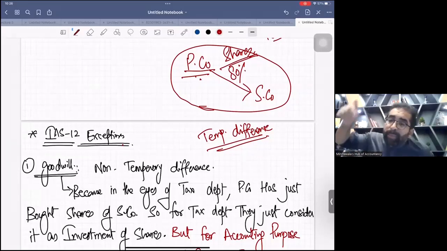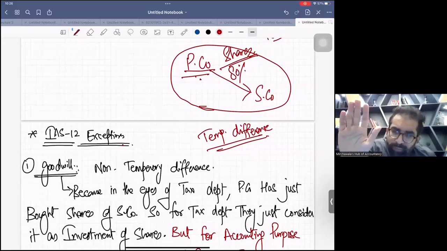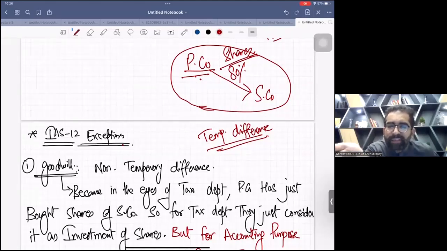So now listen, in the accounting books, not only we record the goodwill, but we'll also book the impairment expense of goodwill. Now just think over it. In future, when we take this impairment expense of goodwill to tax department and say, please allow this expense, they will say, no. We don't allow this expense now and never.